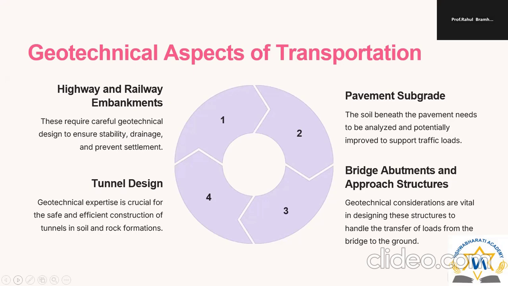prevent settlement. In highway and railway embankments, geotechnical engineering is also used for the careful design and stability design of the embankment, to ensure stability and drainage and prevent settlement.